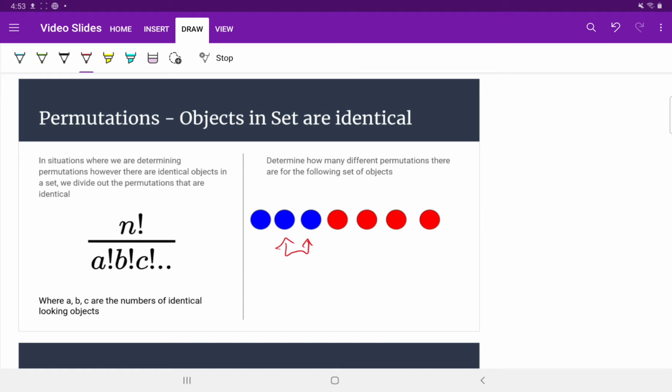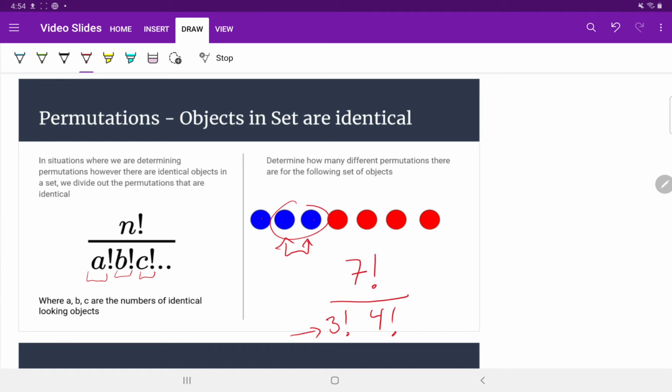So when we have sets that are identical, I need to divide out all the different permutations of those identical things. In this case right here, 1, 2, 3, 4, 5, 6, 7, I've got 7 things. There are 7 factorial ways to arrange that set. But there are 3 identical blues and there are 4 identical reds. So I divide out those permutations, because I cannot tell the difference between them.